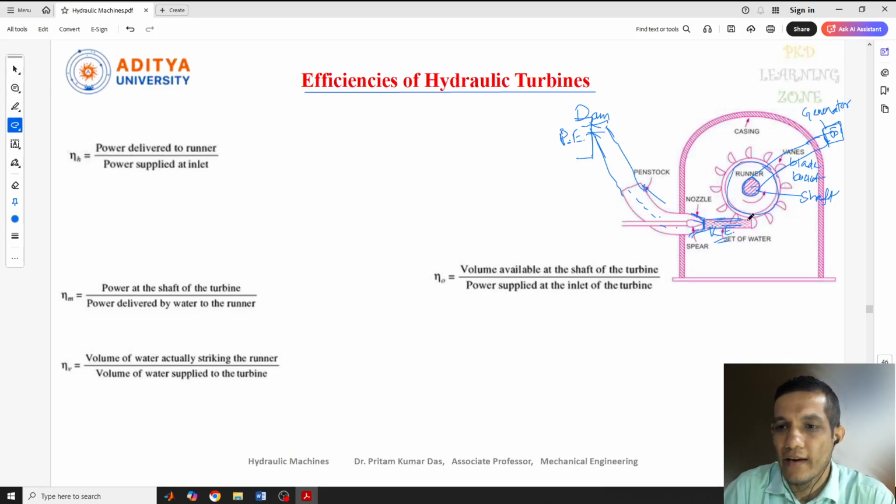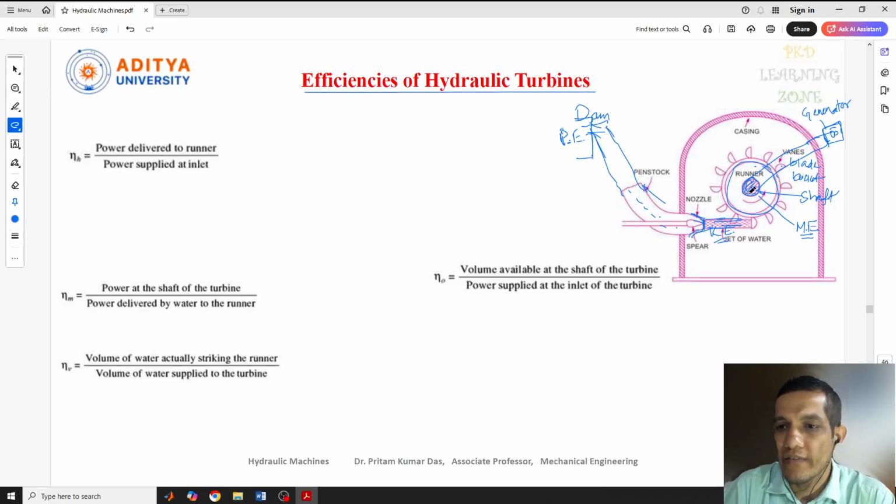Due to the strike of the water jets, the blades start rotating. The blade is fixed on the runner, so the runner rotates. The runner is fixed on the shaft, so the shaft also rotates. This rotation gives mechanical energy in the turbine.